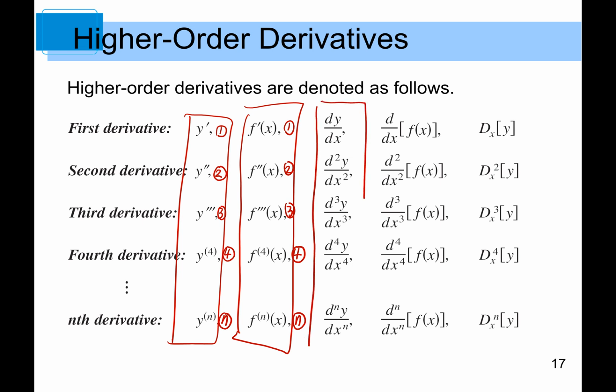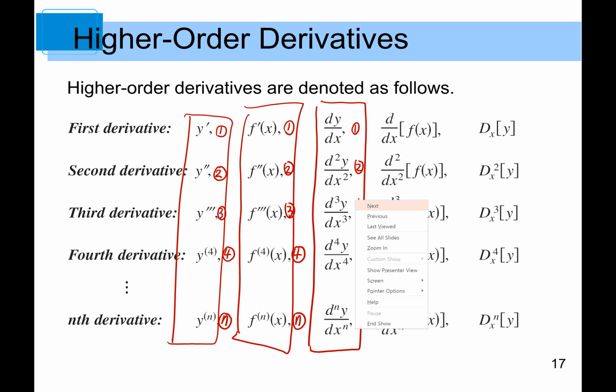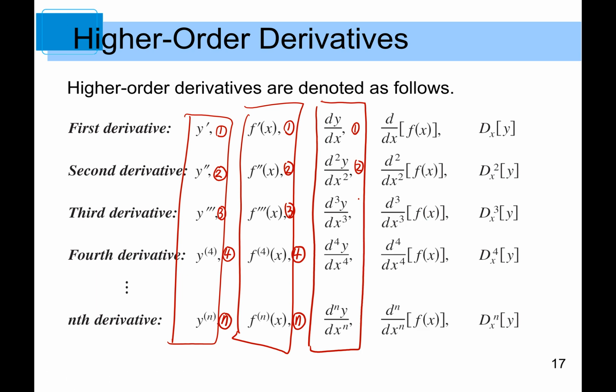Third way: dy over dx, first derivative, d squared y over dx squared, second derivative, d cubed y over dx cubed, third derivative, d fourth y over dx to the fourth, fourth derivative, and d n y over dx to the n, nth derivative.